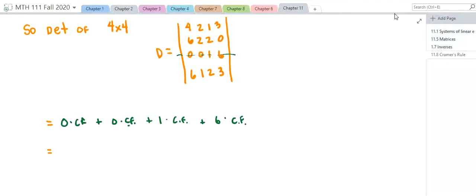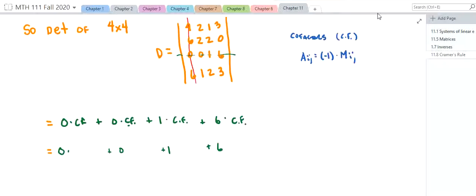So our cofactors then, here I've written the relationship for the cofactors again. I'm choosing this row. This green line here is the row I chose. So I'm going to start creating the minor matrices and the plus or minus 1 associated with it.